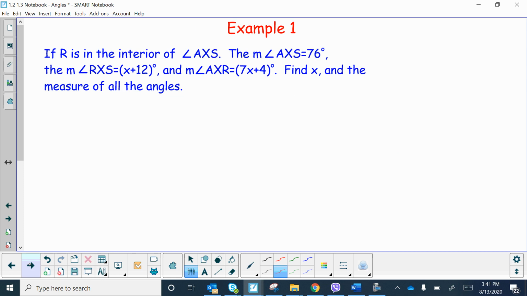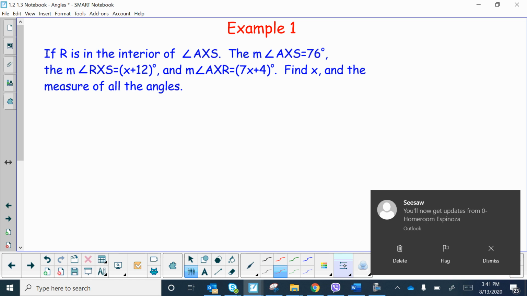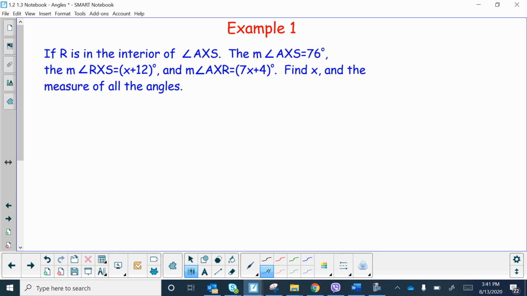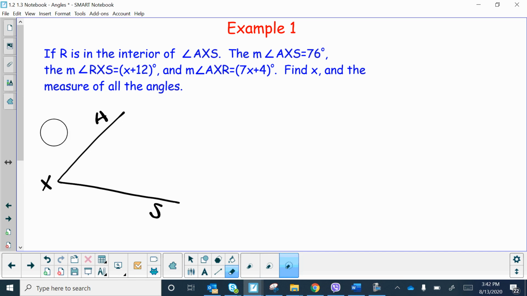Here's the first one. It says if R is in the interior of angle AXS, you probably want to draw that right off the bat, because sometimes it's kind of hard to see. So I'm going to draw an angle, and I'm going to label it AXS. I want to draw a larger angle so I can label inside.